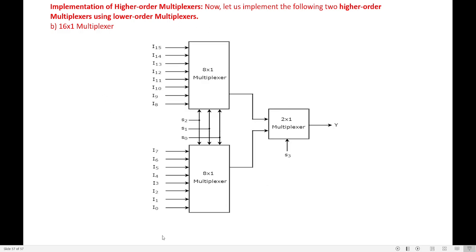This is how we design a higher order multiplexer, a 16 by 1 multiplexer, using lower order multiplexers like two 8 by 1 multiplexers and one 2 by 1 multiplexer. I hope you could understand this. This is a very important question, implementing a higher order multiplexer using lower order multiplexers.